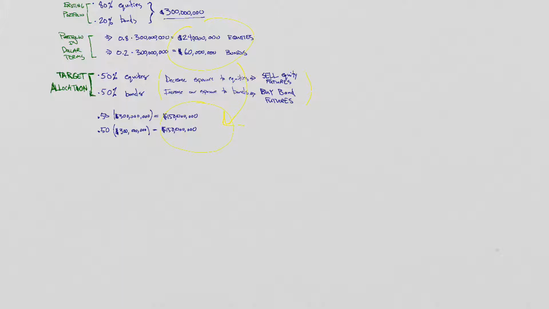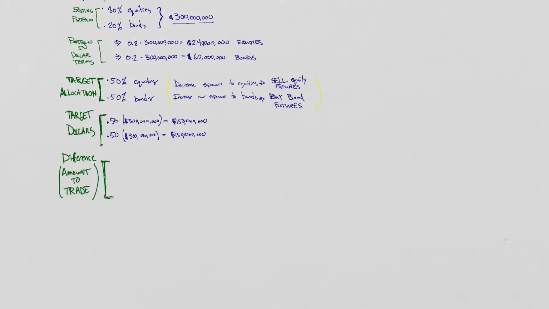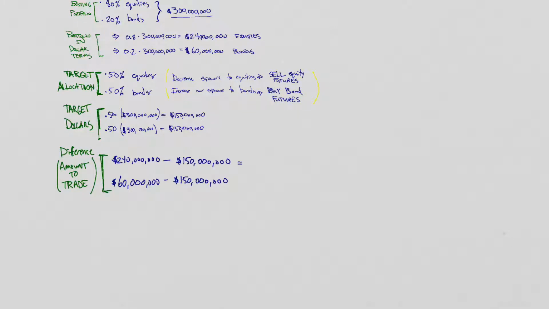And the difference between these two is sort of like the amount that we need to trade in terms of futures to get to our target asset allocation. That means we have $90 million of equity exposure that we need to deal with in order to get to that 50-50 split.